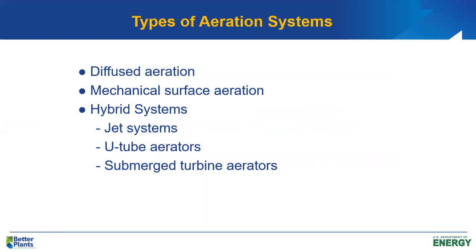So types of aeration systems, again, diffused aeration and mechanical surface aeration, those are our predominant types of aeration systems, but there are also some hybrid systems out there. We won't talk about them in our presentation, but jet systems, U-tube aeration systems, and submerged turbine aerators.